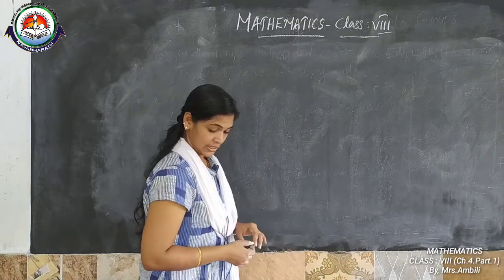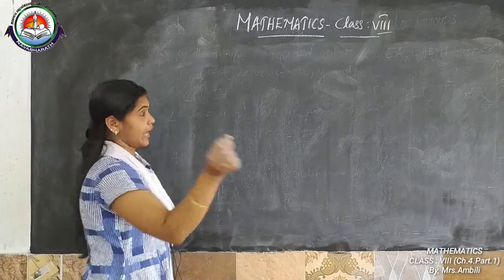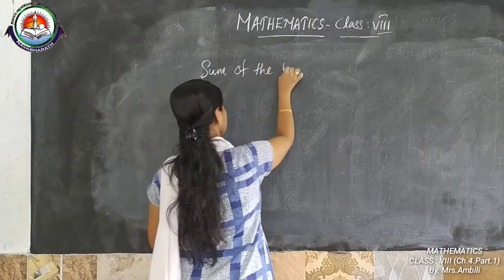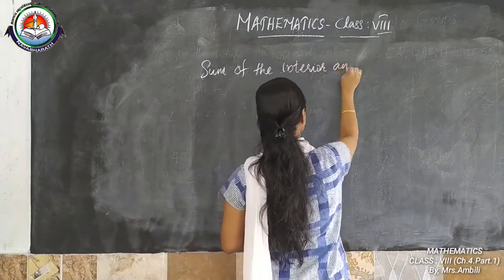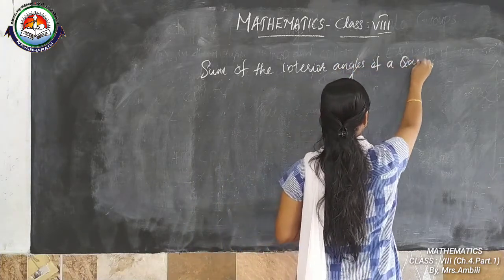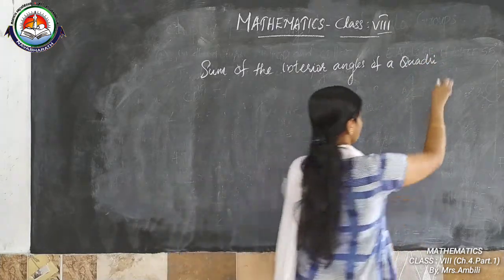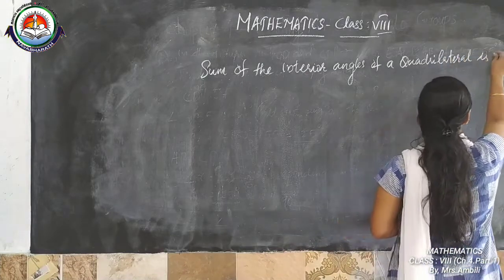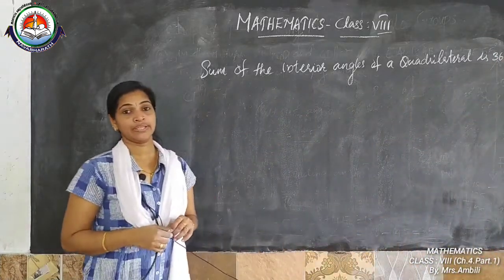Okay. So, in the last class you studied the sum of the interior angles of a quadrilateral is 360 degrees. How did you prove that one?